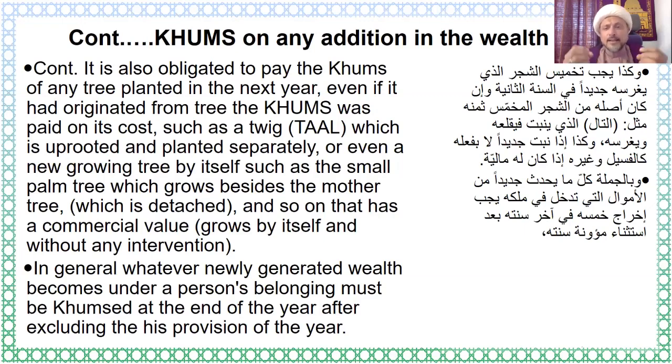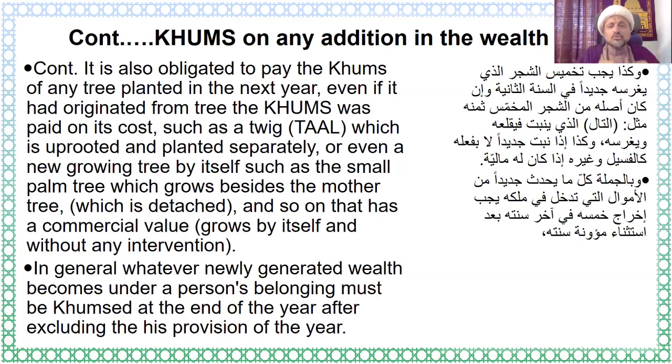وَكَذَا إِذَا نَبَتَ نَبَاتًا جَدِيدًا. Similarly, if a new plant grows in your property, in your garden, that means new value has been added. Like baby palm trees, those small palm trees, and whatever has value. بِالْجُمْلَةِ, in general, he says, in a nutshell, كُلُّ مَا يُحْدِثُ جَدِيدًا, everything new that happens adds new value, commercial value, financial value من الأموال which comes inside his property في ملكه يجب إخراج خمسه.